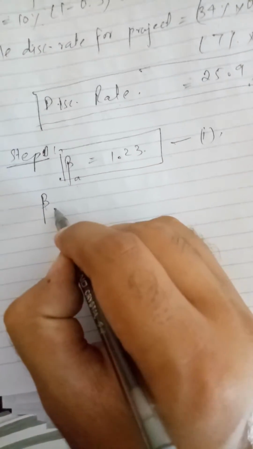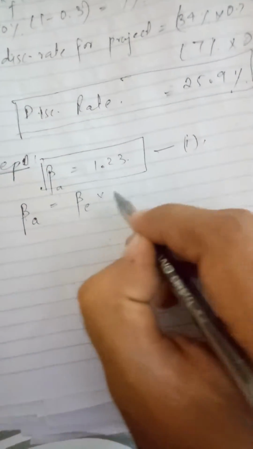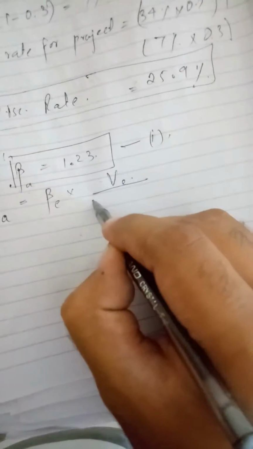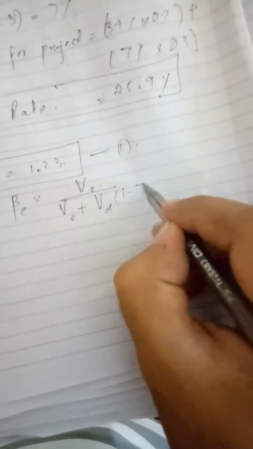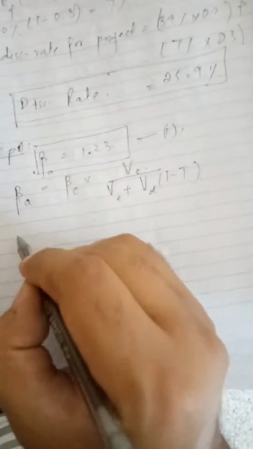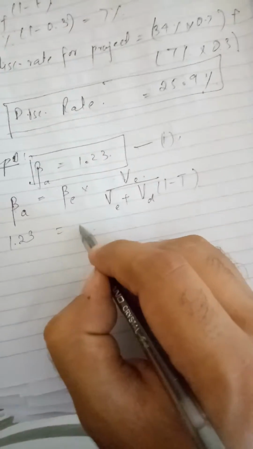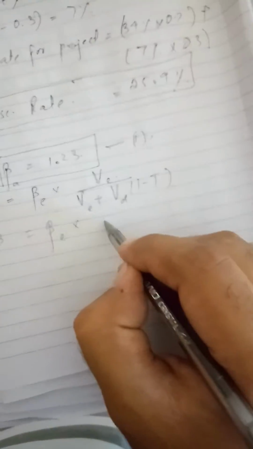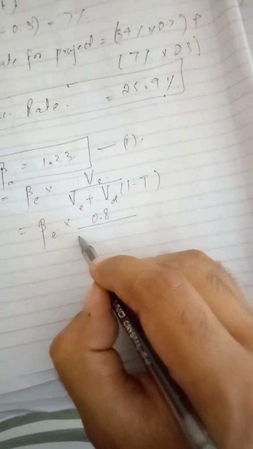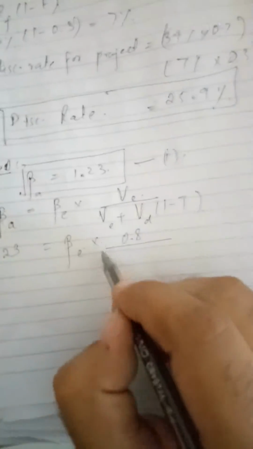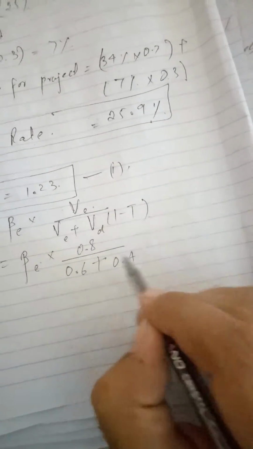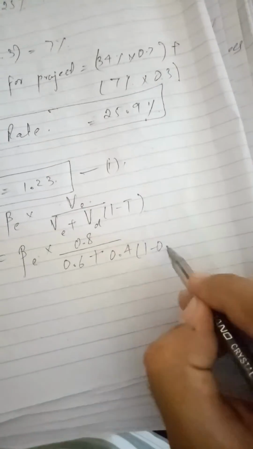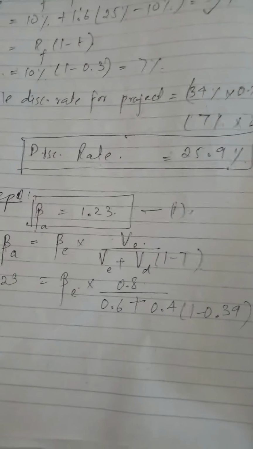Beta asset = beta equity × VE / (VE + VD(1 − T)). So 1.23 = beta equity × 0.6 / (0.6 + 0.4 × (1 − 0.3)).